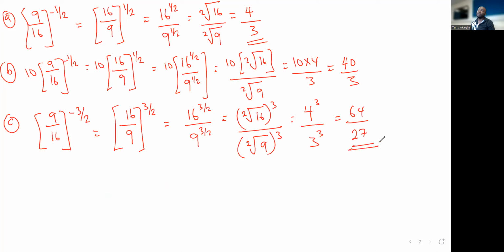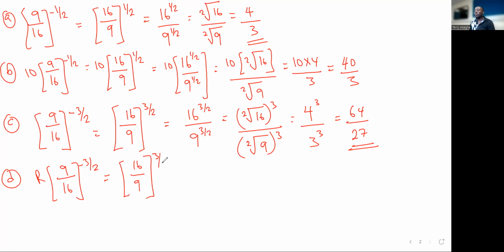Is that okay? And this will give you 64 over 27. Also, if you have a constant, let's call the constant R, with the same thing, 9 over 16 to the power minus 3 over 2, you flip it as well. It'll be 16 over 9 to the power 3 over 2, multiplied by R. That gives you R times 16 to the power 3 over 2, divided by 9 to the power 3 over 2.